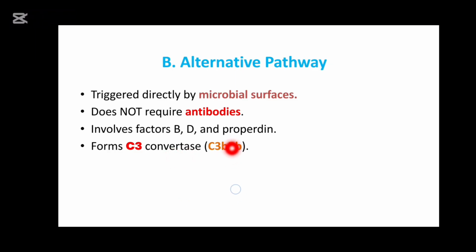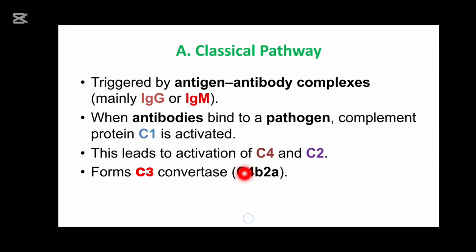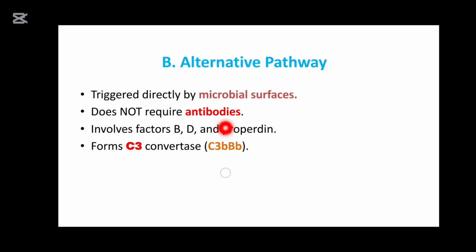The complex of C3 convertase for the alternative pathway is C3bBb, and it is different from the classical convertase, which is C4b2a, the combination of C4 and C2. This one is a combination of C3b and these factors. This is what makes up this complex. However, whenever it's formed, it is going to make what we call C3 convertase.